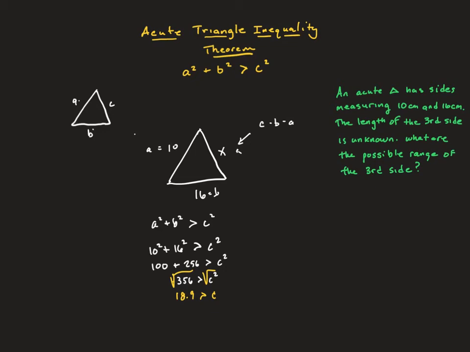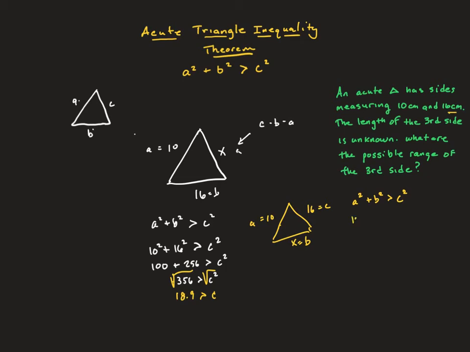Now, what happens if 16 happens to be the longest side? Well, that would change the order here. If I have 16, I have 10, and then x, 10 we'll still call A, we'll call x B, and 16 is now going to be my C. So again, A squared plus B squared is greater than C squared.